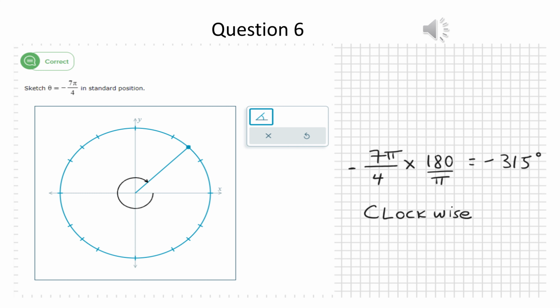The answer is negative 315. So it's the same position, 315, but rotating counterclockwise. Then the angle lies in the first quadrant, exactly in the middle, like 45 degrees. So you express it like a positive notation.